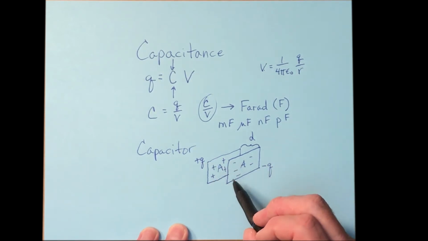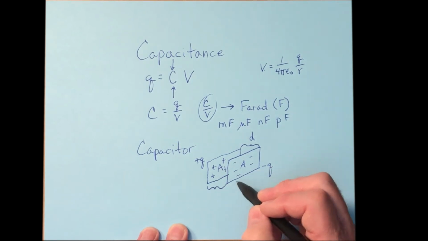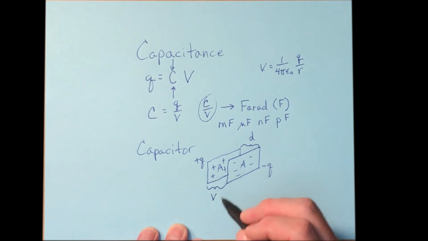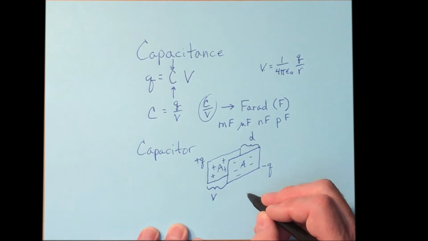That's going to create a potential difference between these 2 plates. Now, that just makes sense. So there's going to be some potential difference between the 2, which we'll just call V there.